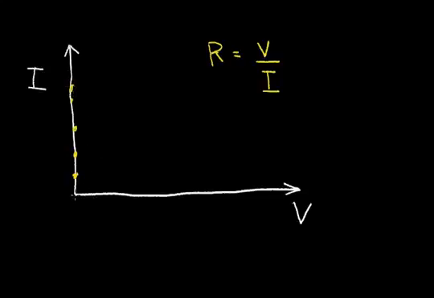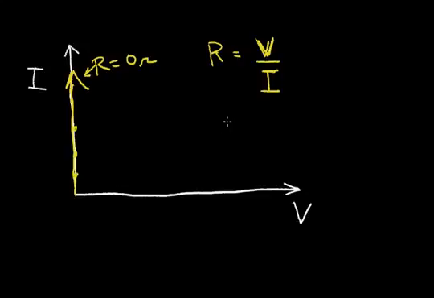So a 0 ohm resistor will plot like this. So this is resistance equals 0 ohms. What that means is that the voltage drop is 0 regardless of the current. I can have a large current, but I have no voltage drop. So this is just a vertical line.